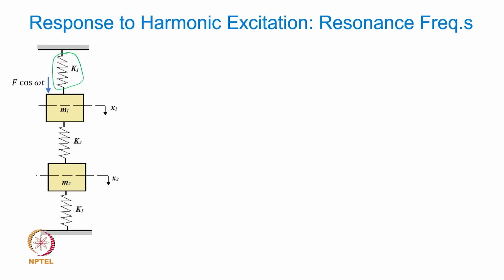We had k1, k2 and k3, and now this compressor is subjected to a harmonic excitation f cos omega t. Let us look at how the compressor bed and the raft will respond to this excitation f cos omega t, right? So this is the compressor and this is the raft. How will the response look for the compressor, and how will the response look for the raft?